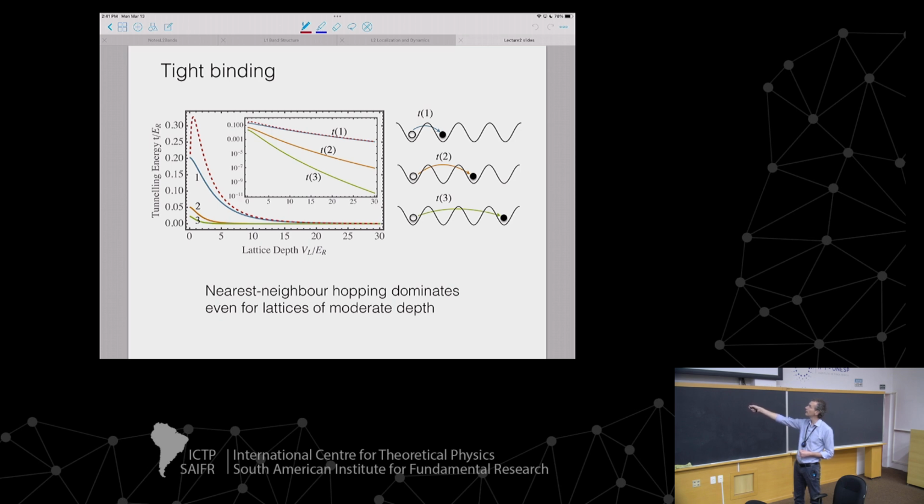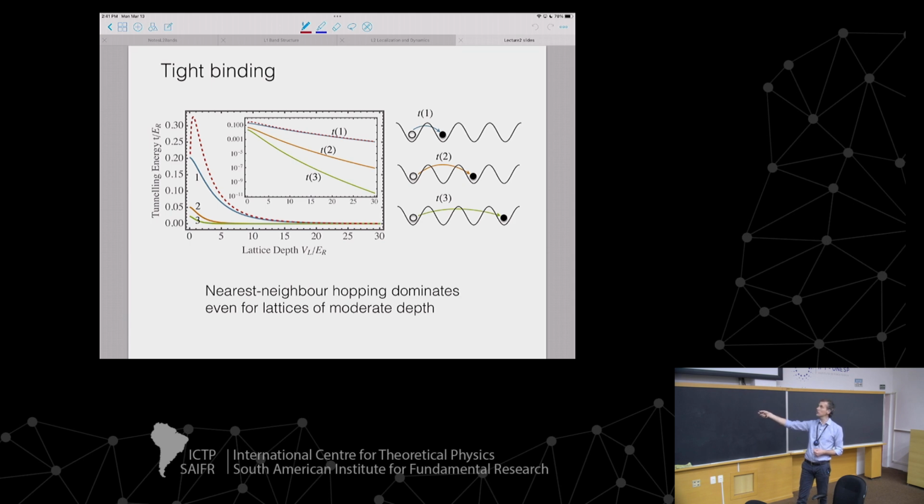Okay. And then if I want to tunnel further, I want to hop two sites instead of one site, I do the same thing. I integrate my band by e to the 2i q a l, then I get this yellow curve, etc. The further I want to go, the weaker the tunneling is.